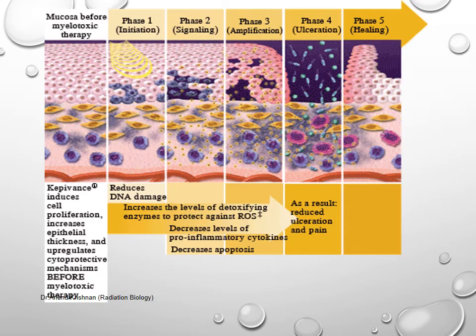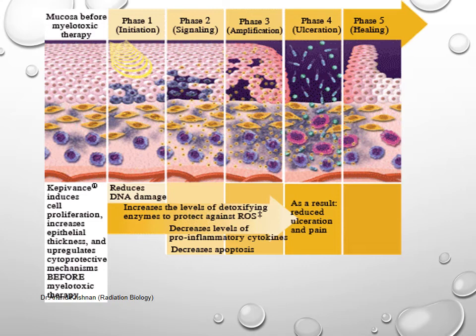I told you about the effect of radiation over the mucosal surface, and that there are 4 clinical stages, and at the cellular level there are 5 phases. Starting with phase 1, there is DNA damage, followed by signaling, where there is an increased level of detoxifying enzymes to protect against reactive oxygen species.